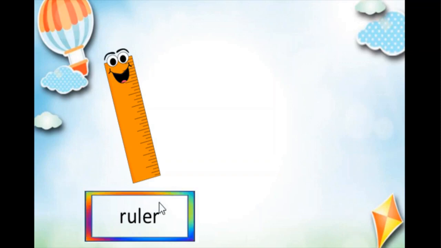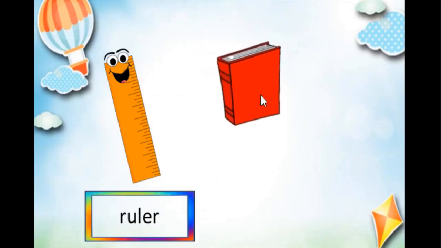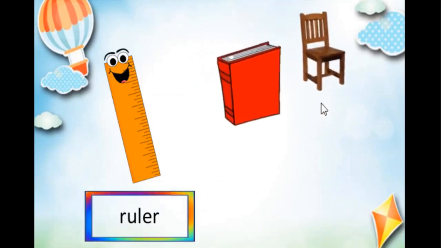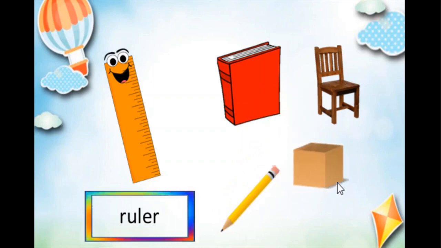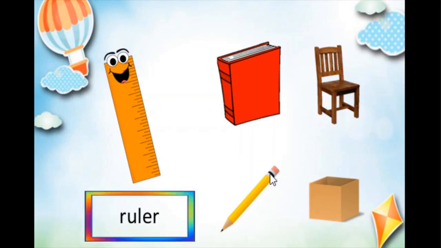And a ruler can be used to measure a book, a chair, a pencil, or even a gift box. All objects that are small in size can be measured with the use of a ruler.